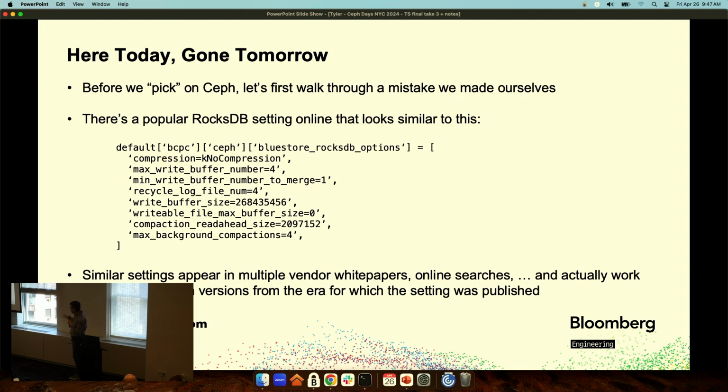Usually they want you to bump the number of background compactions, some other things that make sense. I'm ashamed to say we had this in there, or some kind of variant of it, and when we went to Quincy, performance was terrible. It was awful, and it was some really weird things. We would start an OSD, and it would take 10 minutes before the OSD went back up. It was taking so long that Ceph was actually marking it out.